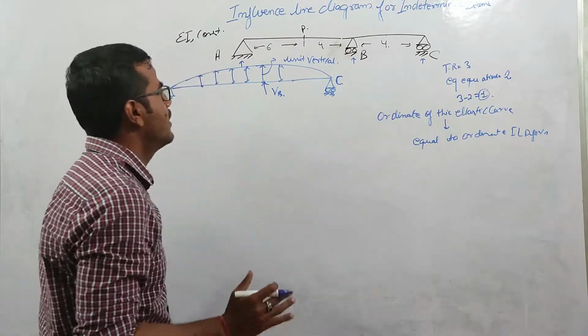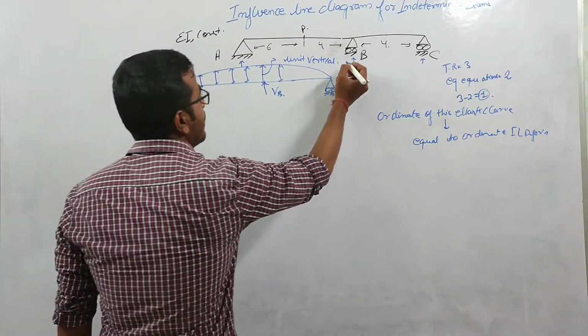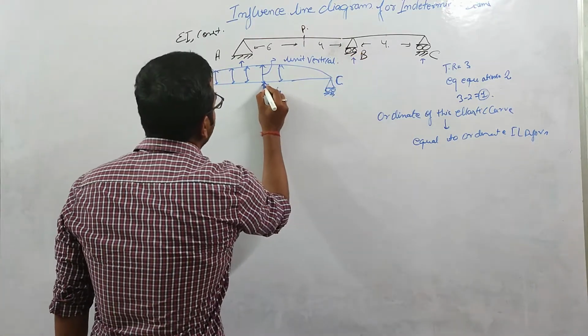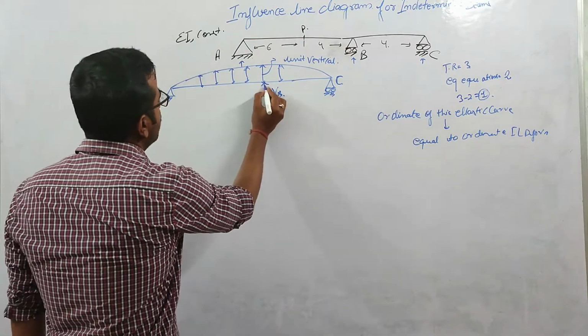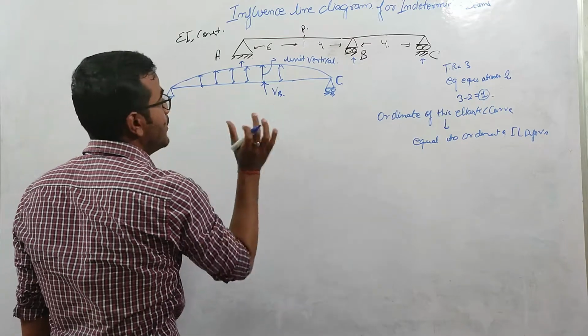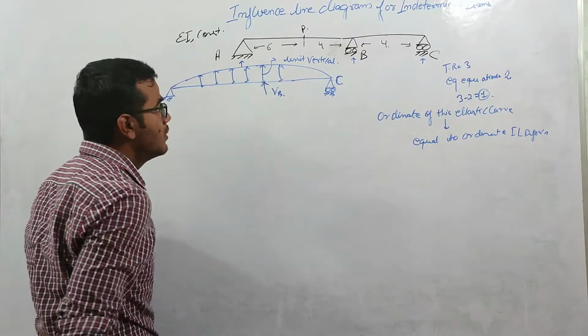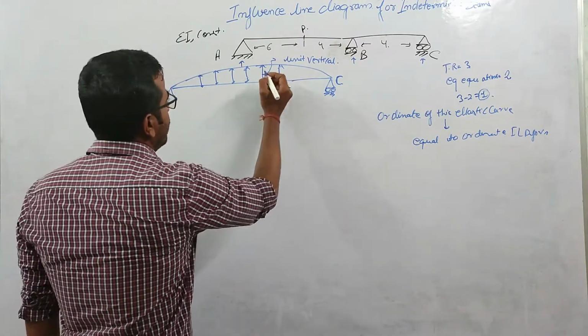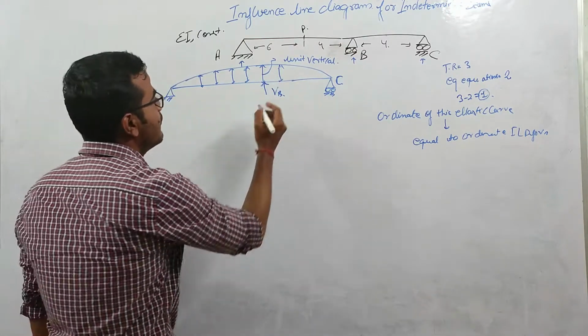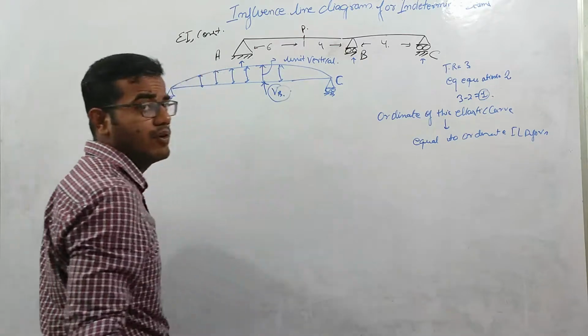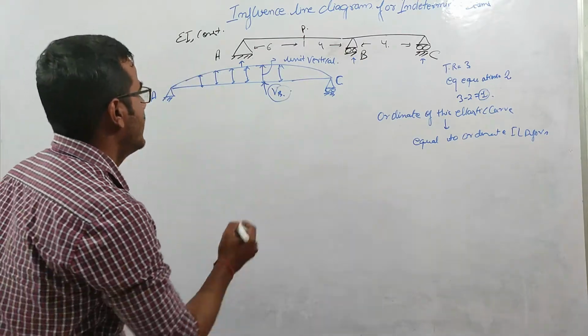So what I did over here is that I released this support at B and applied a load W, which is the VB load. Due to this load, this beam, which is simply supported now, will deflect in this upward direction. When this deflection is unity, it will represent the ILD for this VB. This we have already discussed in Müller-Breslau principle, right?